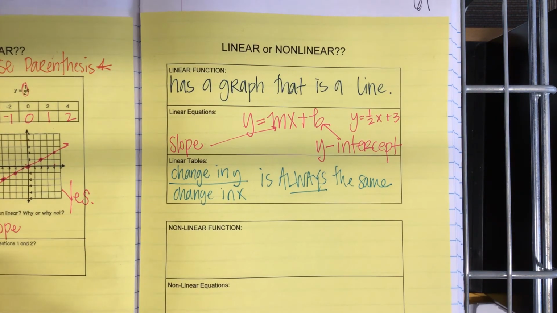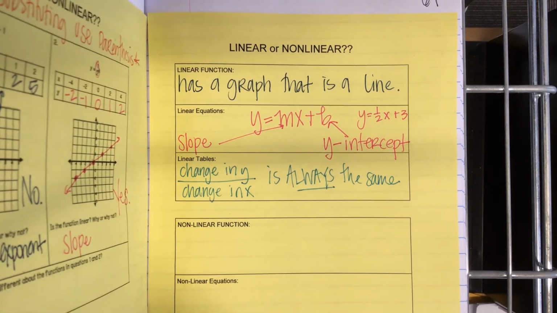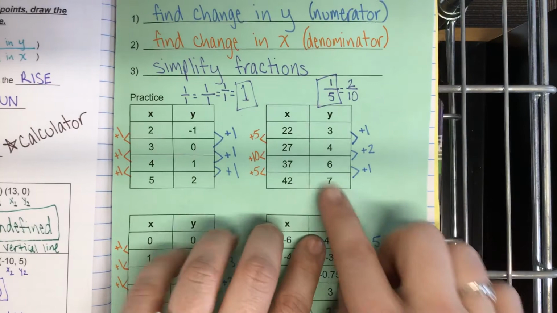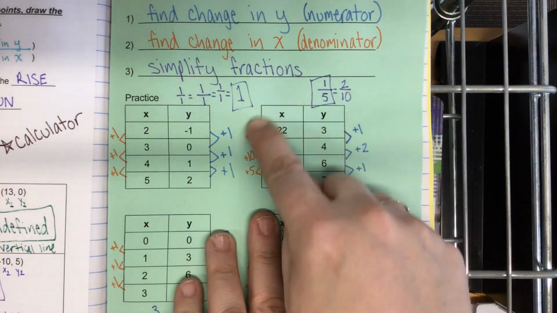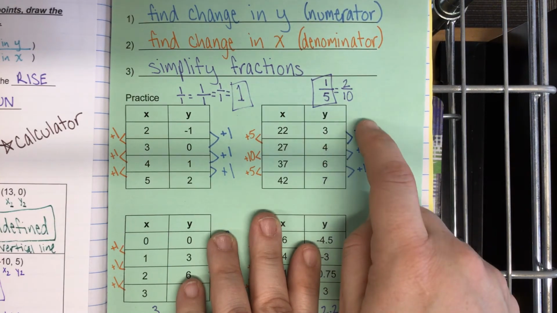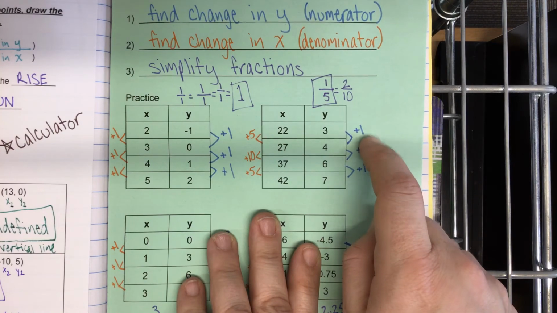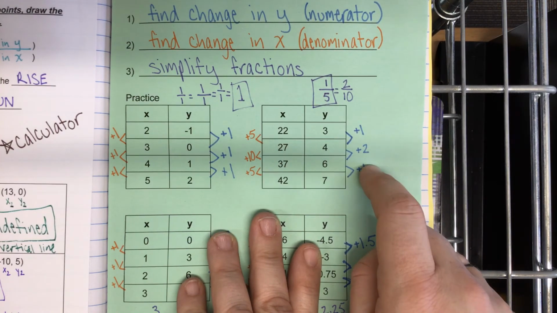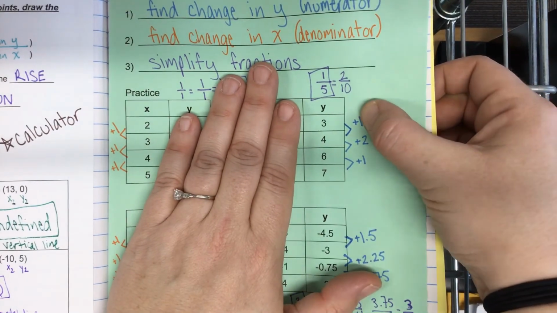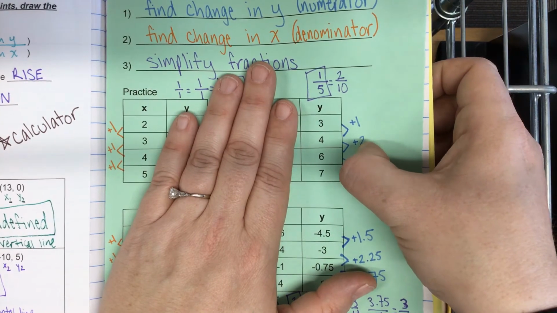If you want to turn back to page 33, here's a table. So my change in y from 3 to 4 is 1, and 4 to 6 is 2, and 6 to 7 is 1. Now, you could say, oh, wait, I'm going to stop, because it's supposed to always be the same. They should all be the same number. Except you can't stop.